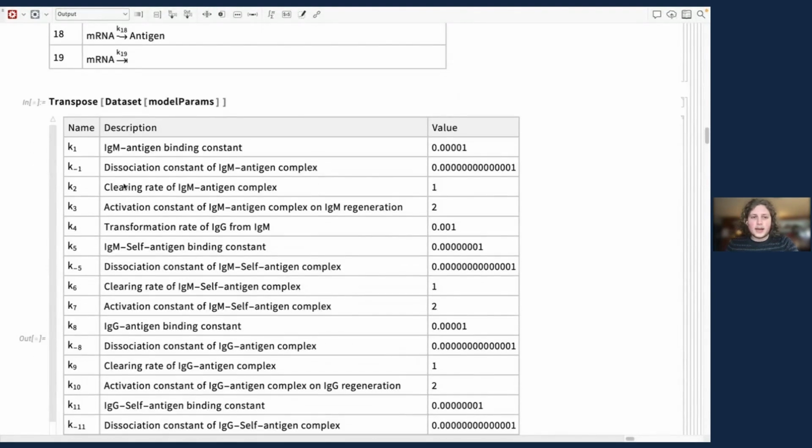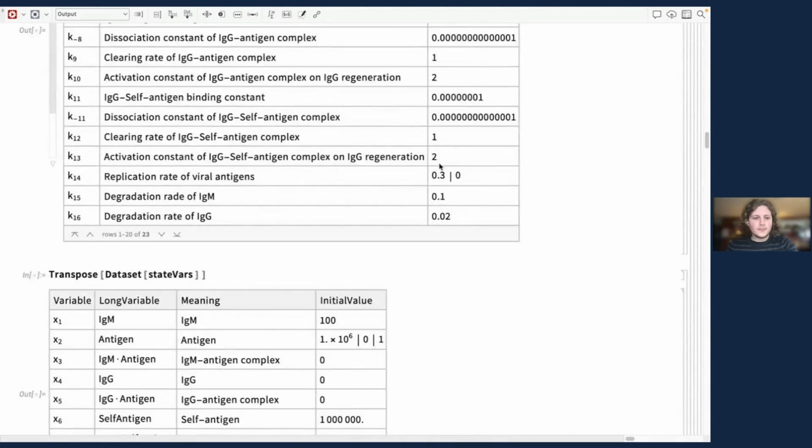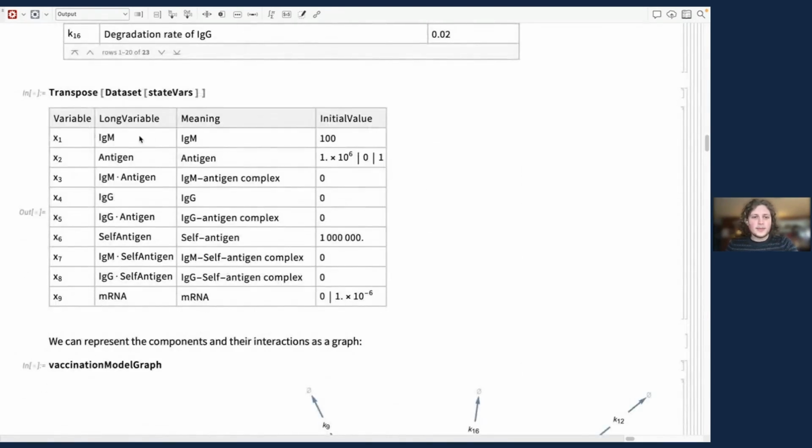Then I have a data set specifying the actual parameters, what their values will be for a particular simulation. And then I have my state variables defined.